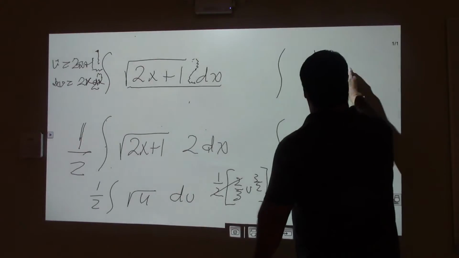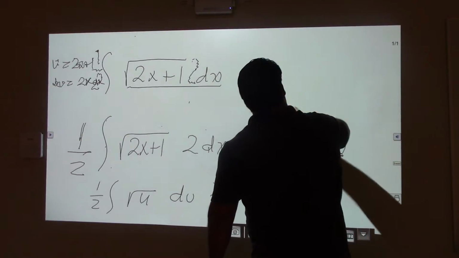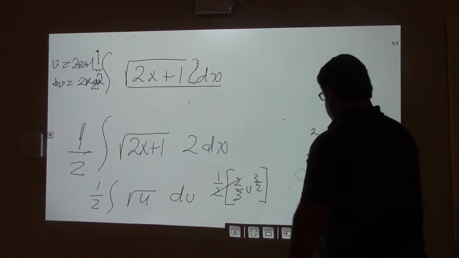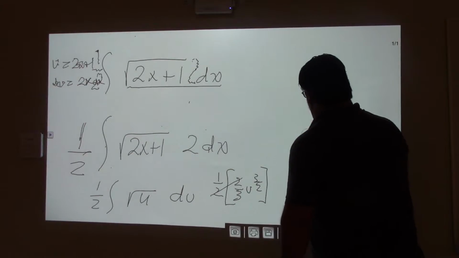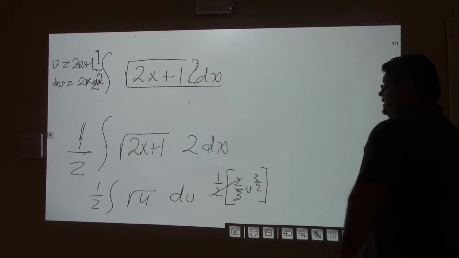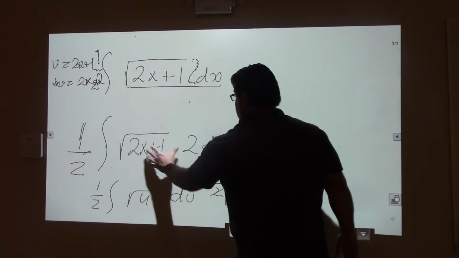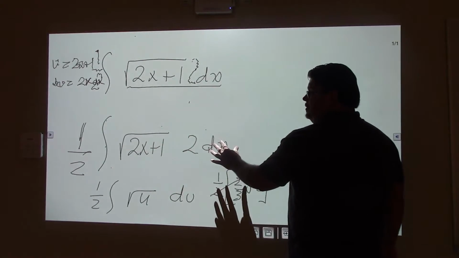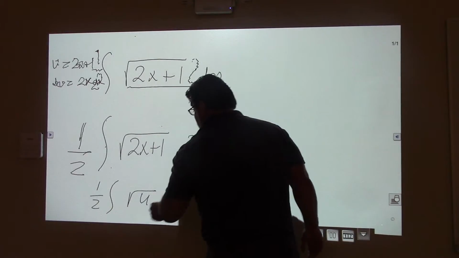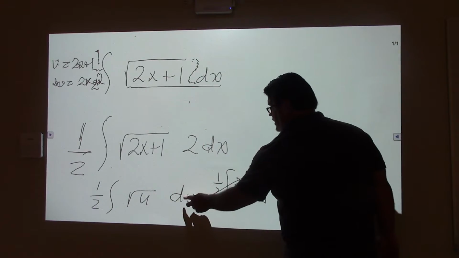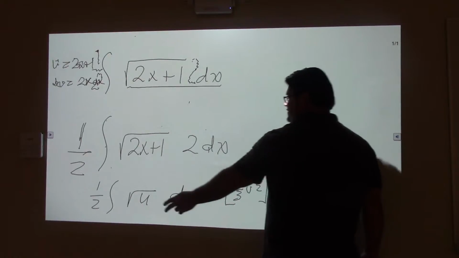Okay, hold on. Let me erase this so I can write it. Because the first question you're going to ask is what happened to the 2? Well, the 2 was used to what? Make it look like u du. Okay? The 1/2 stays out here. The 2 got used up right here. The 1/2 stays out here.